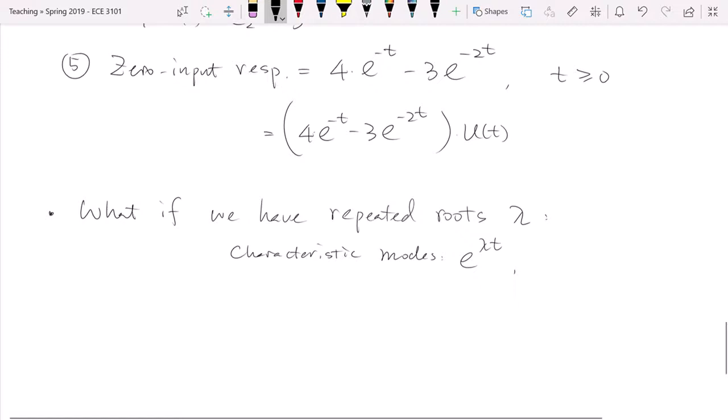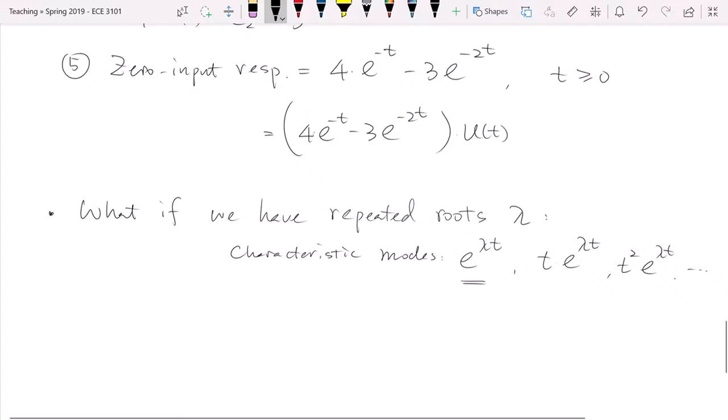And to accommodate that, mathematically it can be shown that in addition to e to the lambda t, t times e to the lambda t, t squared e to the lambda t, and so on can all be possible characteristic modes. If it's a distinct single root, we only have this one.